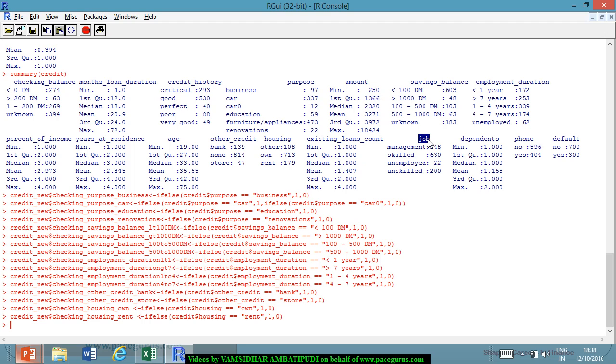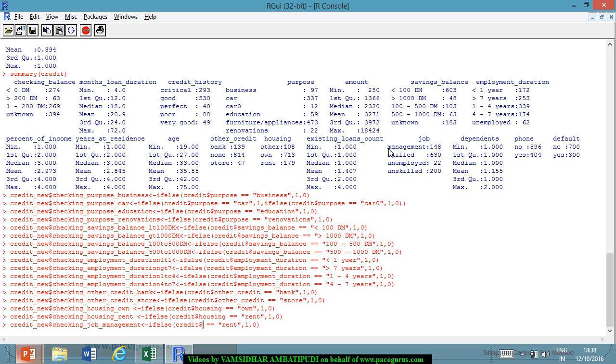And finally, I also have the job. Because there are four categories per job, we require three dummy variables. So once I create it, I think we are done. So let me do checking_job_management, where I am trying to map it.